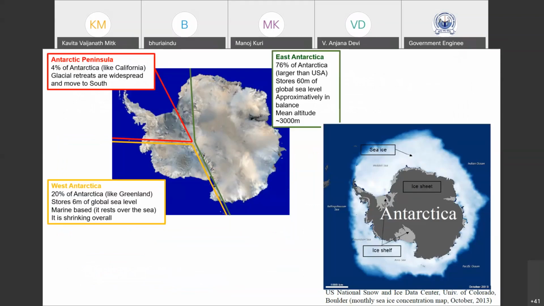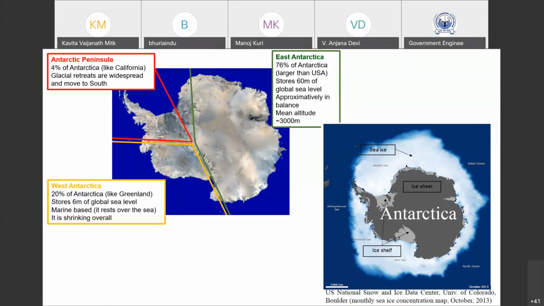Then, as you can see, Antarctic is a continent, but it is divided into three parts, which are Antarctic Peninsula, West Antarctic, and East Antarctic. So, Antarctic Peninsula has a widespread glacier retreat, and it moves to the south.